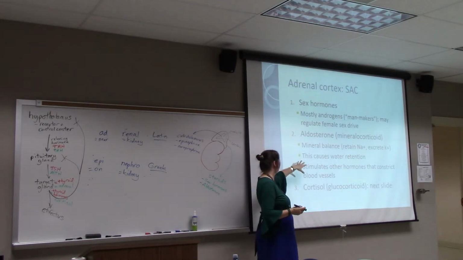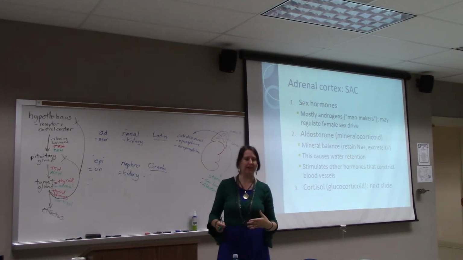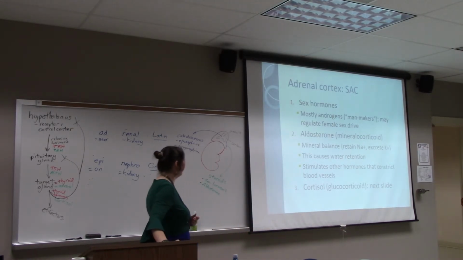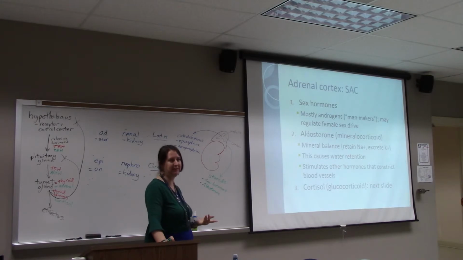So as a result, aldosterone will also stimulate water retention. It increases your blood volume. Aldosterone also stimulates some other hormones that constrict blood vessels. So this is another one that could apply like ADH if you were dehydrated or had lost blood.